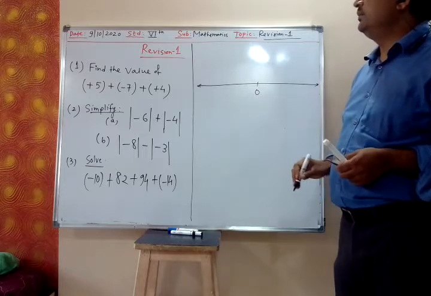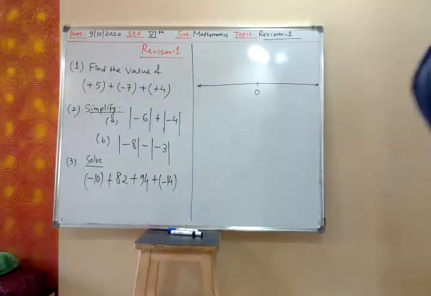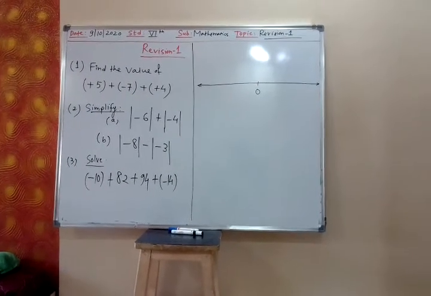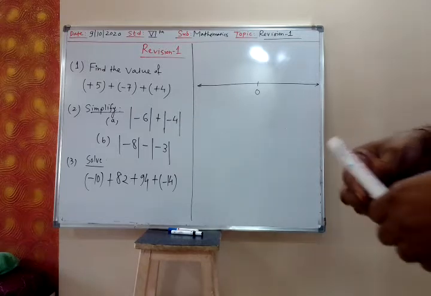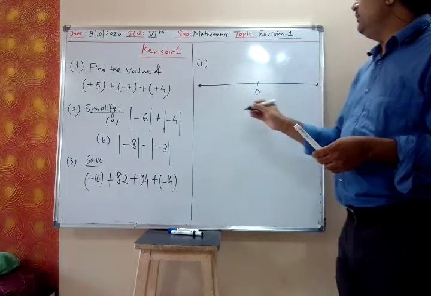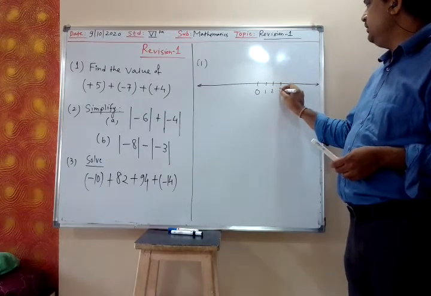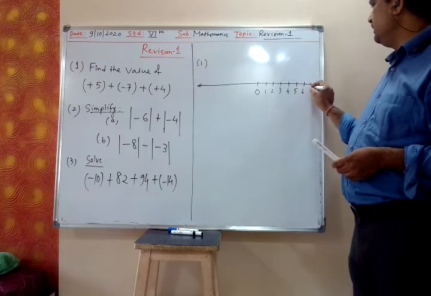We have 0. First, we are doing the first one. On this side we have 1, 2, 3, 4, 5, 6, 7.